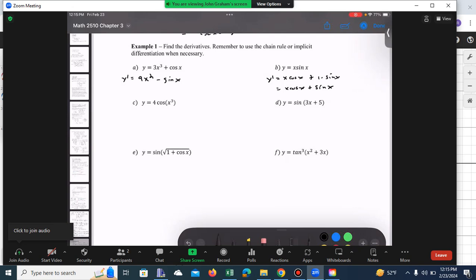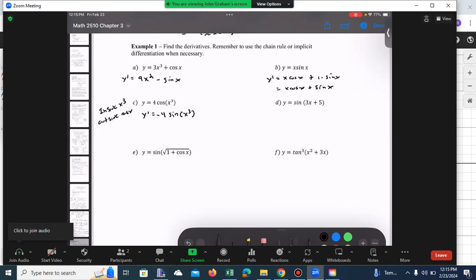For C, this requires the chain rule. The inside is your x cubed. The outside is cosine x. So that's why it requires the chain rule. So y prime would be 4, we do the derivative of cosine, which is a negative, the negative out front, sine of x cubed.